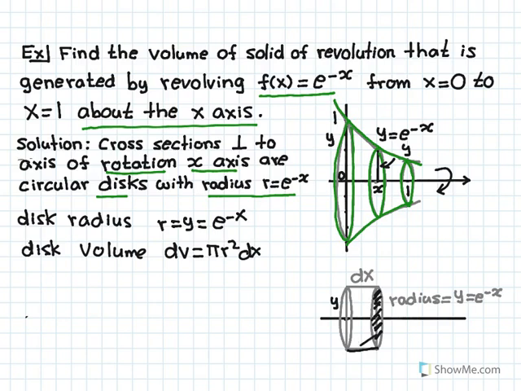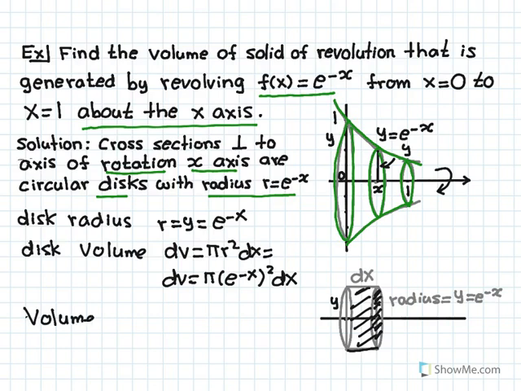And we get the volume of this disk. This is equal to dV is pi, radius is e to the minus x, because radius is just a y quantity, squared, dx.